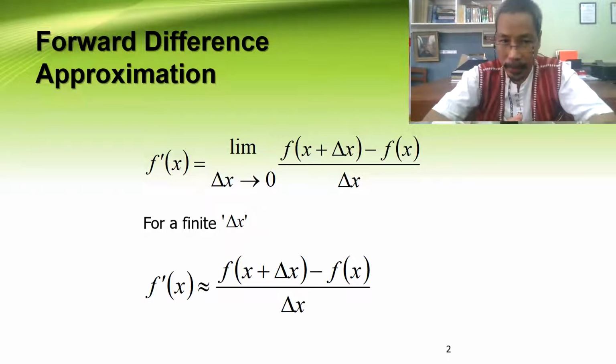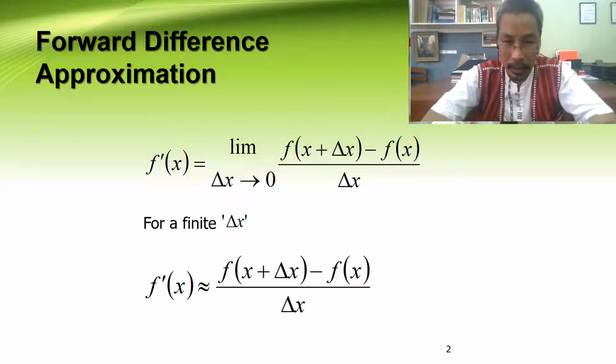We already explained that for a finite value of Δx, we can choose Δx to be as small as possible, but we cannot choose Δx to be 0, because in mathematics, division by 0 is not permissible.